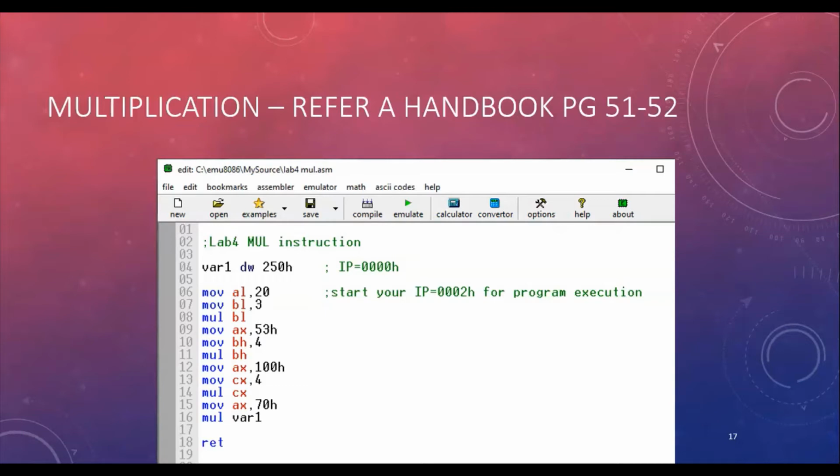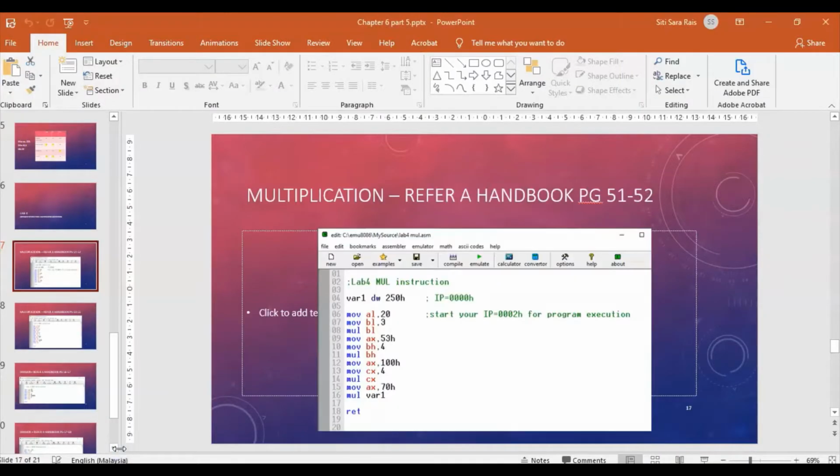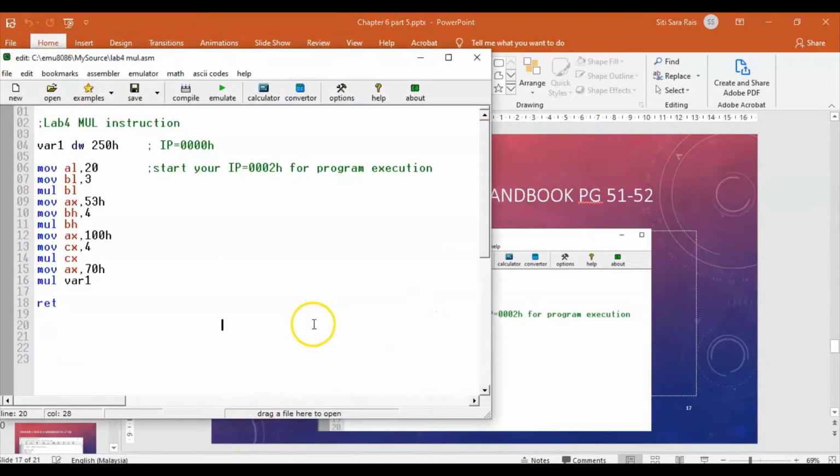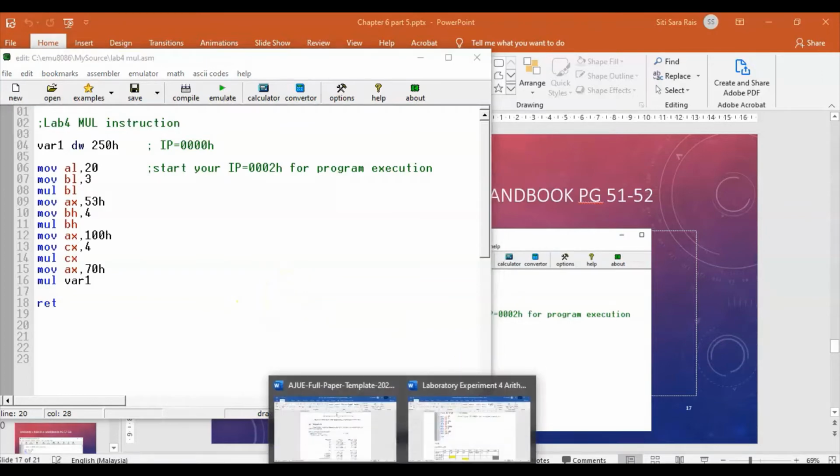Now we have to do this first procedure without looking at the simulator yet. We just work out the result.